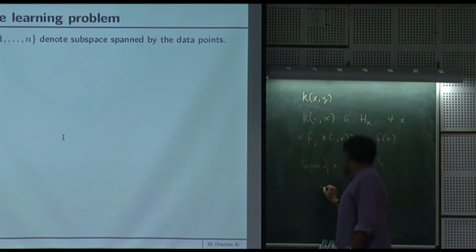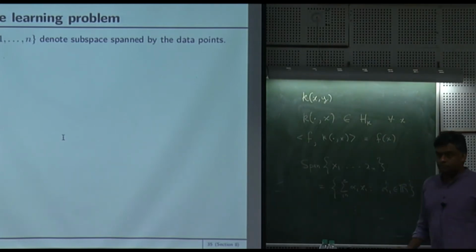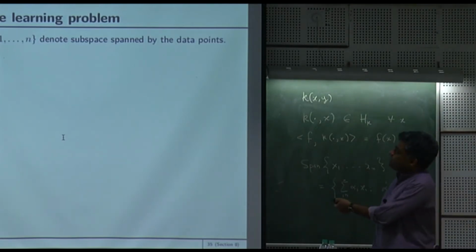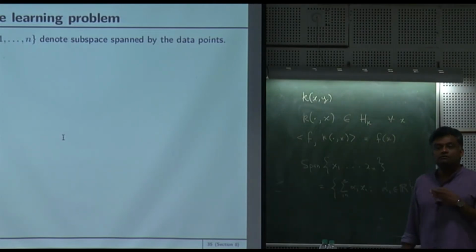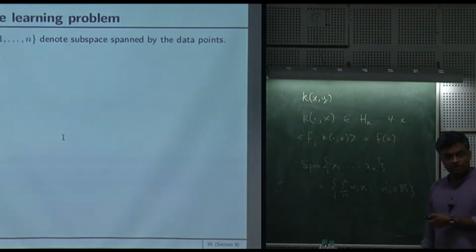So this span basically consists of all vectors of the form sum of alpha i xi, i going from 1 through n, and each of the alpha i's is a real number. A linear combination. Okay. So here the span is exactly the same. I'm allowing for linear combinations of functions now, not vectors, because k dot xi is now a function. So I'm allowing you to take any linear combination of those functions and call that the span.